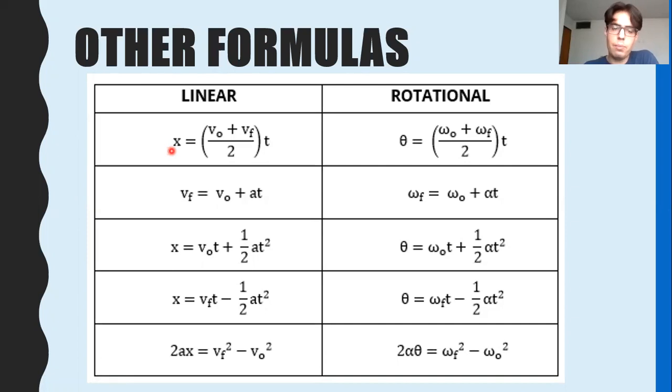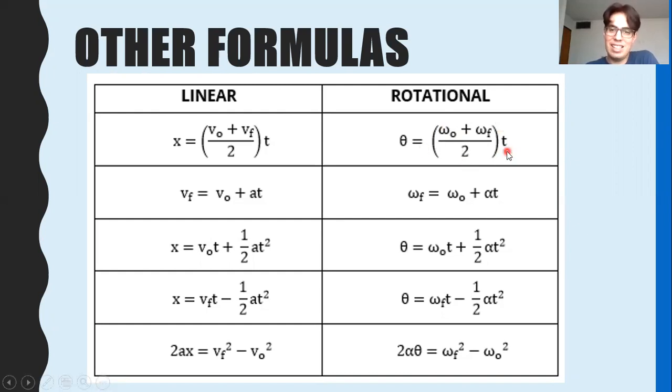It depends, right? So if you look at this, the rotational formulas are going to be exactly the same as the linear ones. You have displacement equals initial velocity plus final velocity over 2, all multiplied by time. And this is exactly the same: angular displacement equals initial angular velocity plus final angular velocity over 2, all multiplied by time.